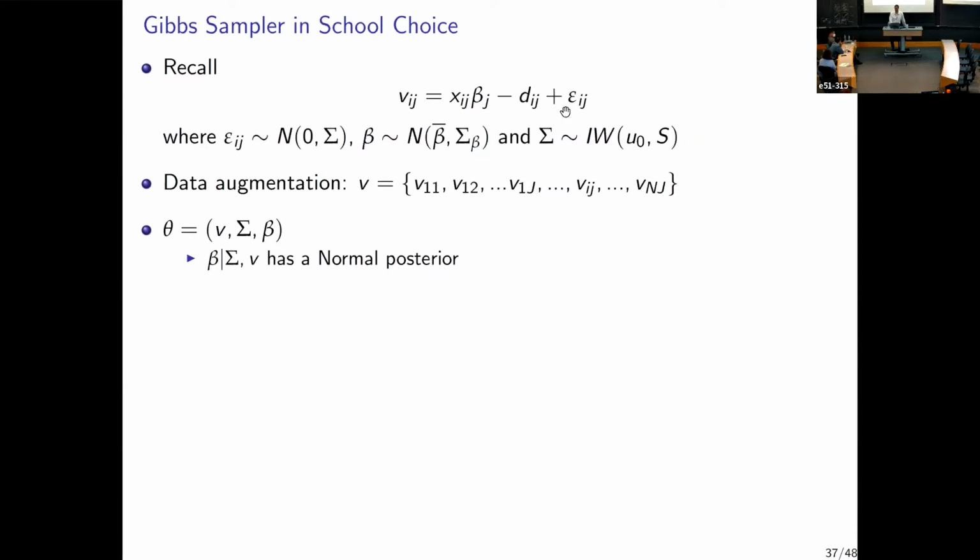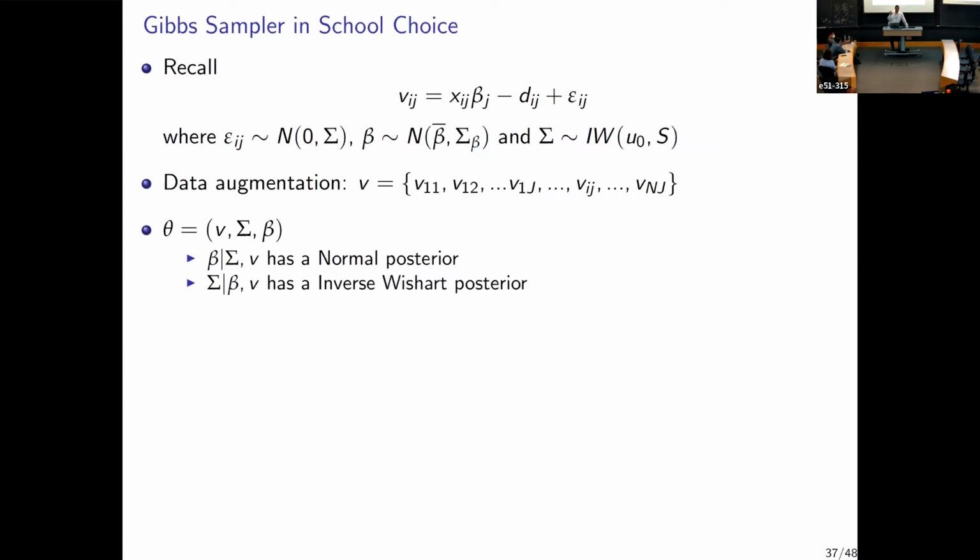So beta can be obtained from a regression. This is going to be a Bayesian regression, but it's going to be a regression, and we know that regression coefficients tend to behave as normal by the central limit theorem. Even in the Bayesian framework, if we assume that everything is normal, the betas are going to be normal. So beta given sigma and V has a normal distribution. The vector has a normal distribution.